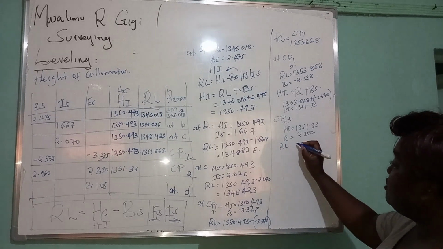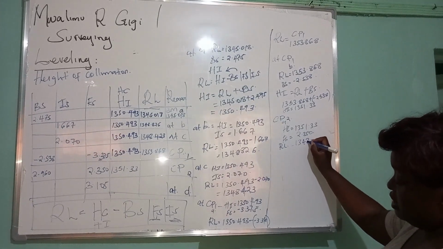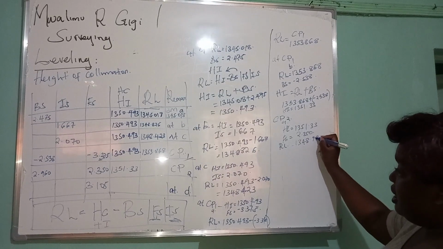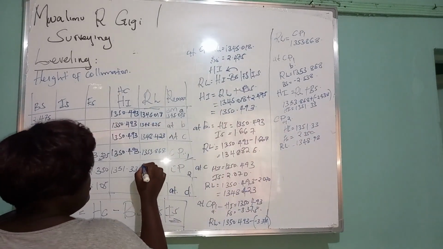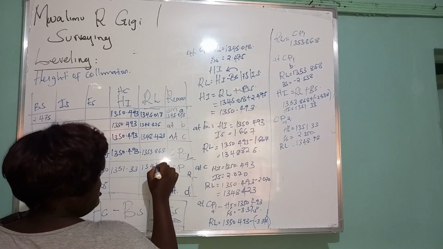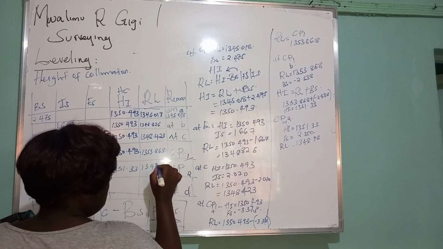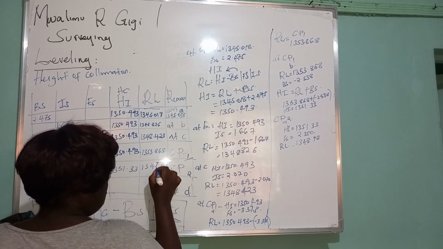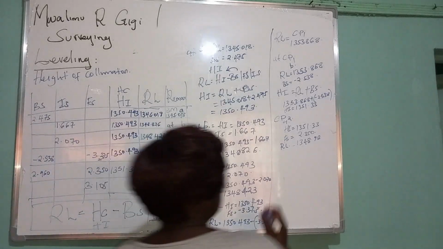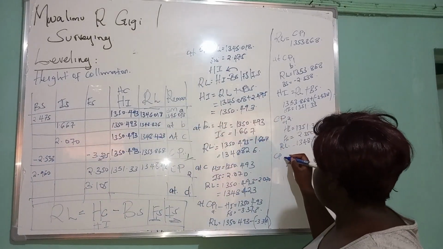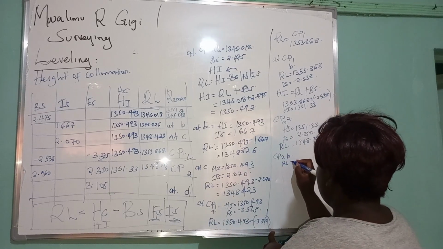So the reduced level, sorry, is 1348.98. So the reduced level is 1348.98.